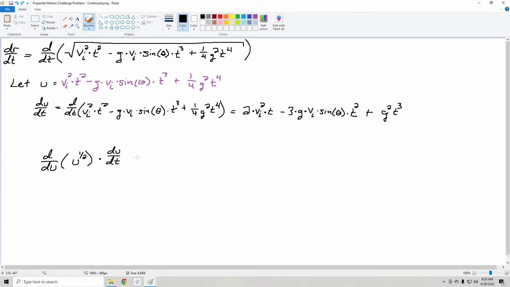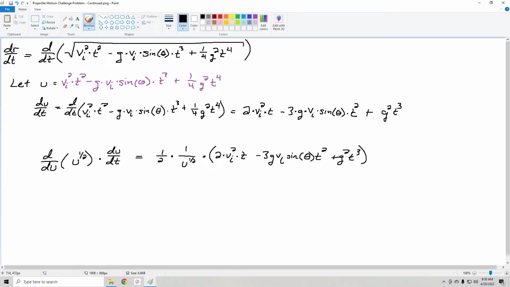Well, we end up with 1/2 multiplied by 1 over u to the 1/2, multiplied by 2 times the initial velocity squared times t minus 3g v initial sine theta t squared plus g squared t cubed.